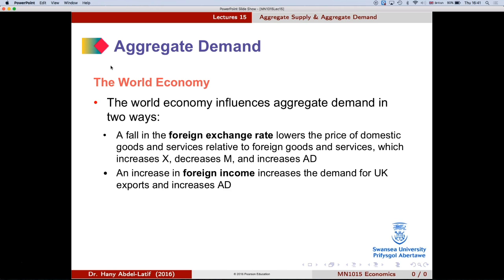The short run aggregate supply is just a very usual supply curve, an upward sloping supply curve. The two factors that would cause a change in the aggregate supply are the change in potential GDP and the money wage rate. A change in potential GDP will shift both the long run aggregate supply and the short run aggregate supply.